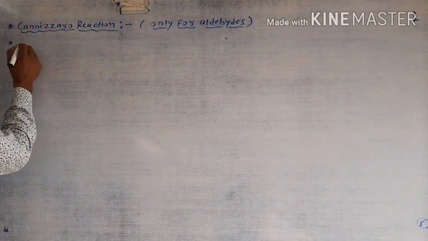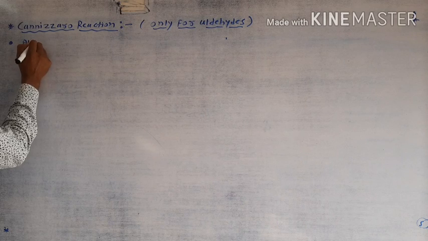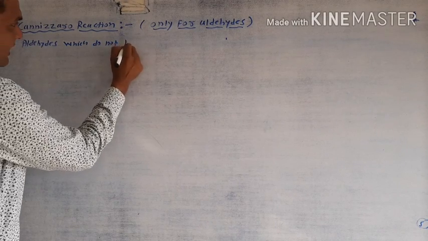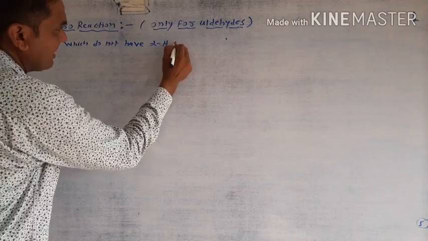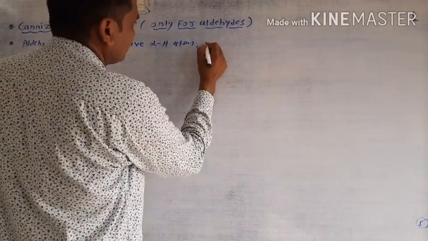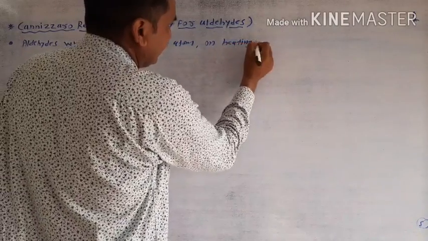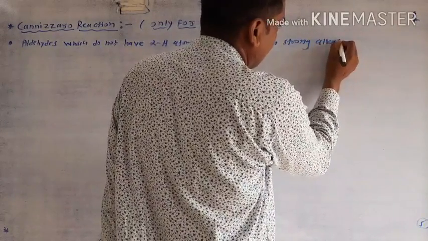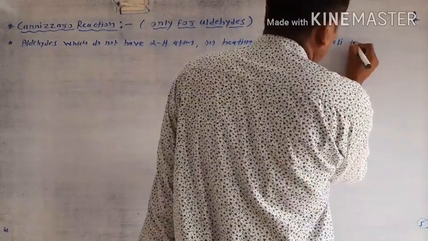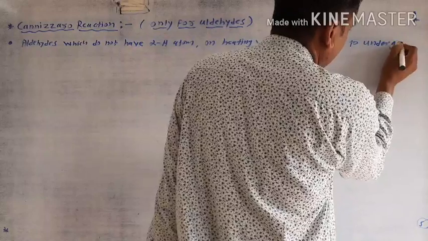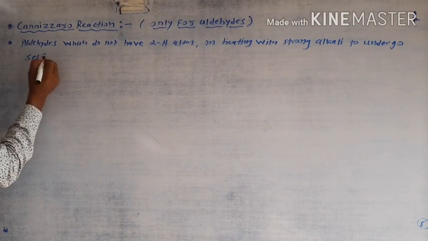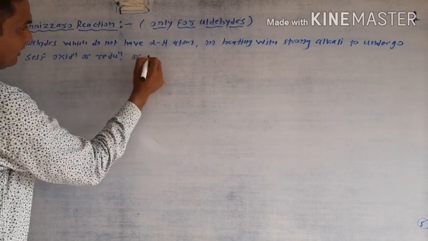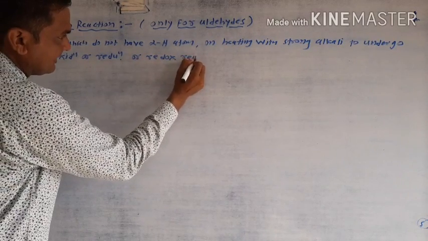The very simple meaning of the Cannizzaro reaction is: an aldehyde which does not have an alpha hydrogen atom, on heating with strong alkali, undergoes self oxidation or reduction or redox reaction.